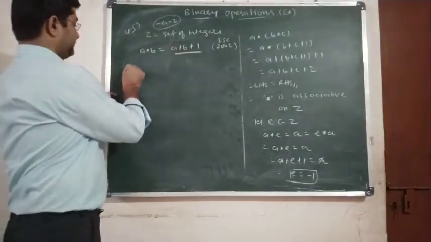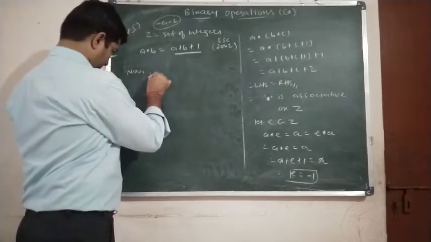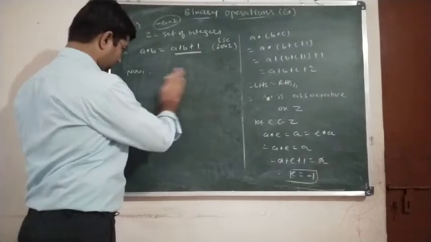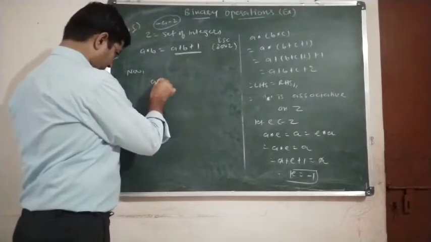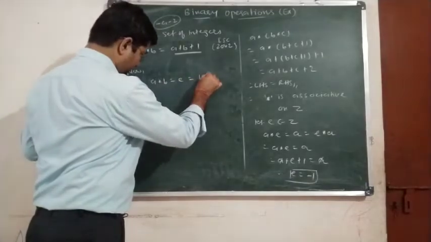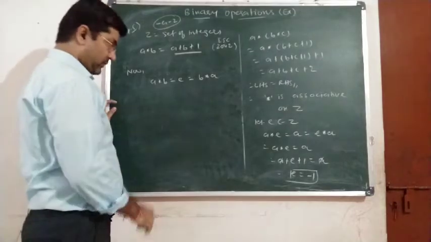Let B belong to Z such that A asterisk B is equal to E, which is equal to B asterisk A. This is the definition for the inverse.